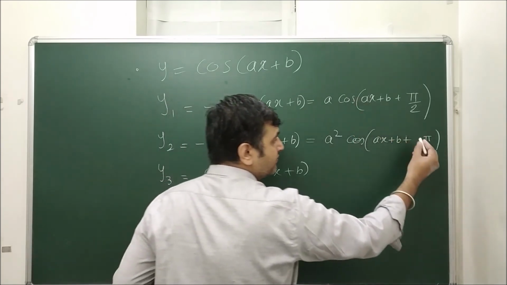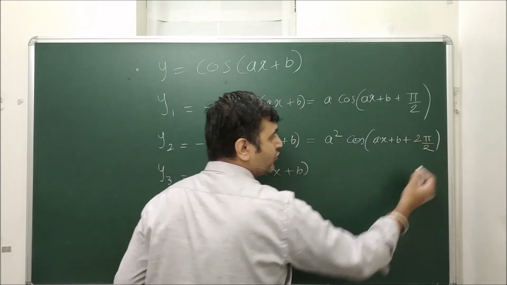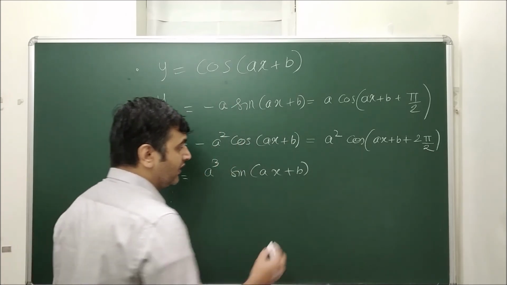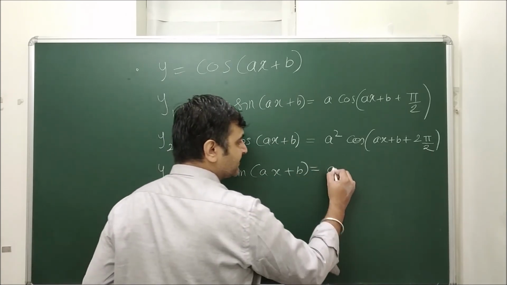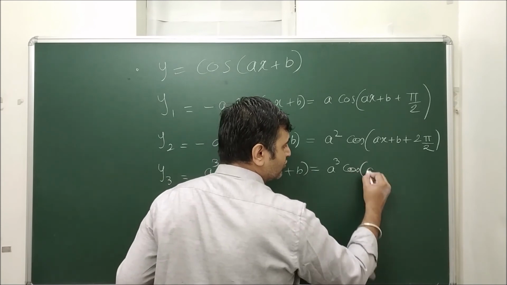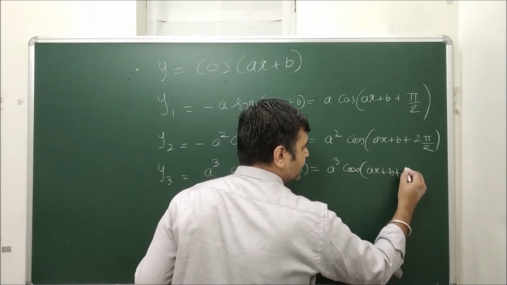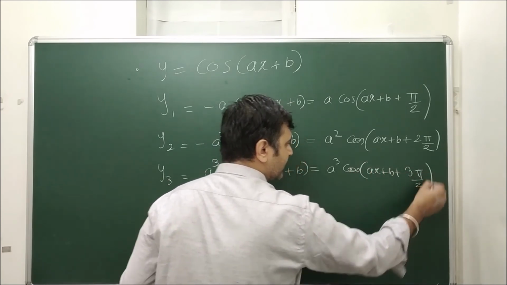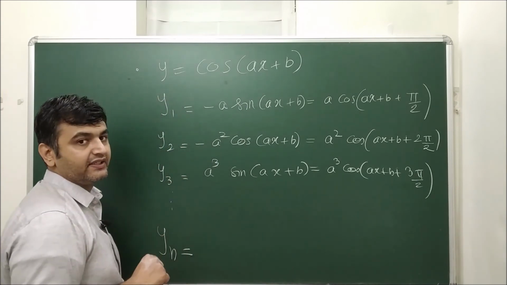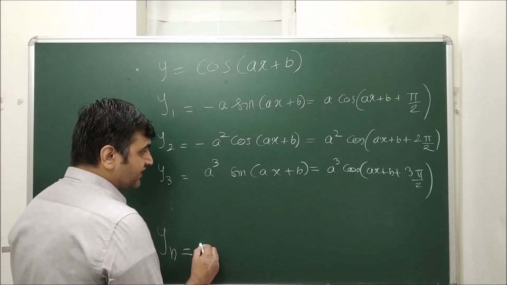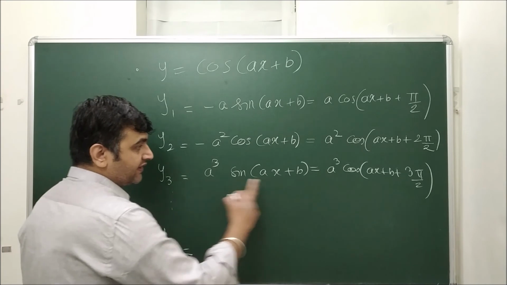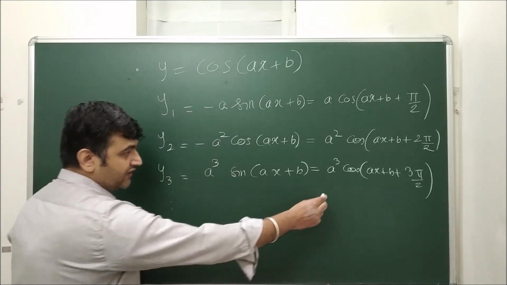But if I want to do some smart adjustment, I will write 2 into pi by 2. Now again the same thing here, a cube as it is, I can write this as cos of ax plus b plus 3 pi by 2, because cos of 3 pi by 2 plus theta is sin theta. So in general, you can see now you can generalize.